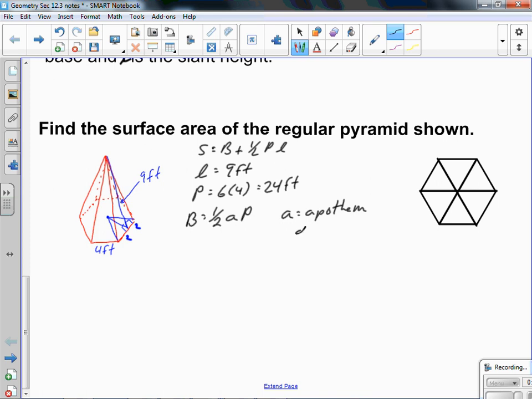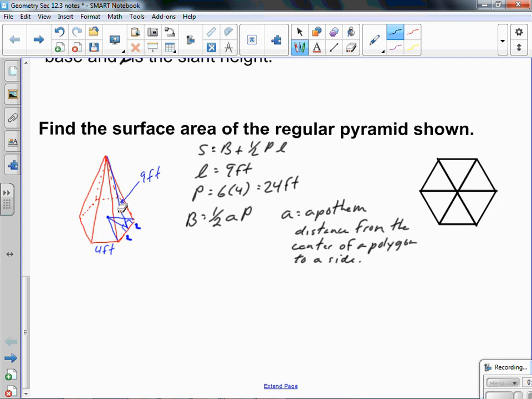So it's the distance from the center of a polygon to a side. So kind of like a radius is the distance from the center to the circumference of a circle.